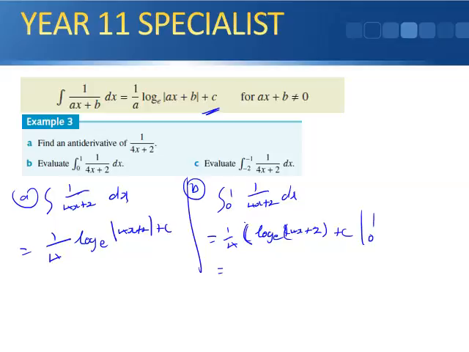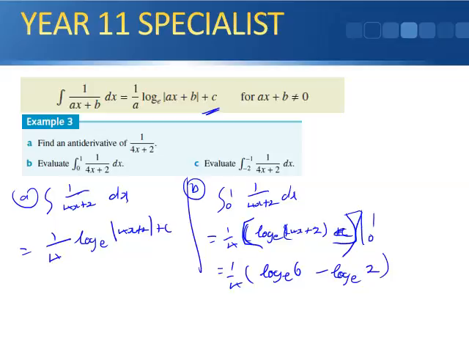And I'm going to do this and then get rid of the 4. I'll do it like that. It's easier to see. So substituting that one in, 1, I've got 4 times 1 is 4 plus 2 is 6, so we get a quarter log e of 6. And putting the 0 in, 4 times 0 is 0 plus 2, minus log e of 2.